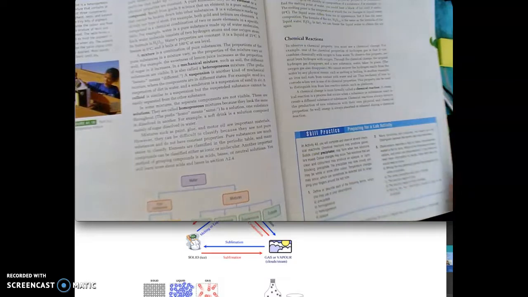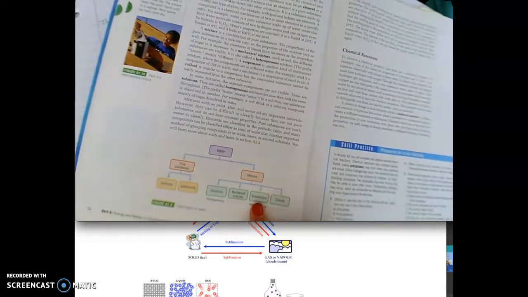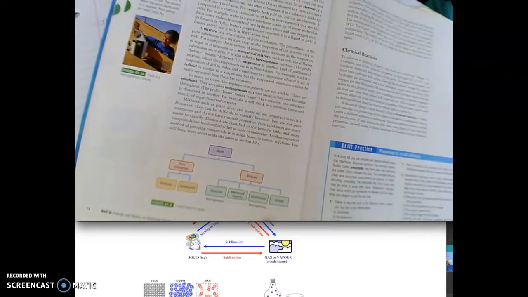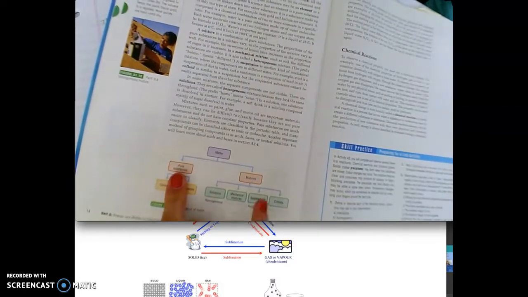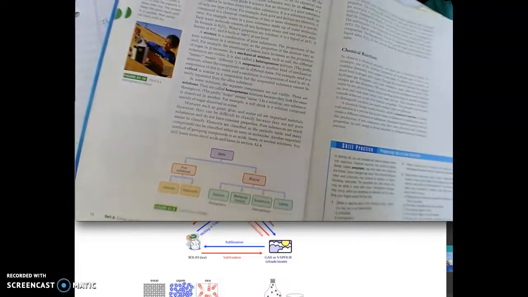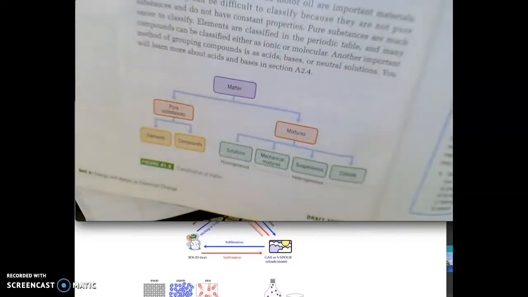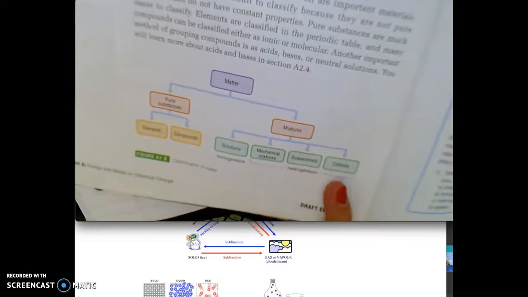We also like to classify our pure substances and mixtures. This chart is in your book for grade 8 and grade 9 and grade 10, obviously. And I find kids can usually figure out the difference between pure substance and mixture, but where they get tripped up is these two, suspensions and colloids.